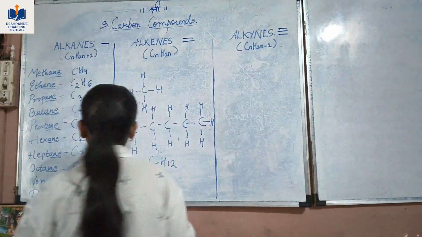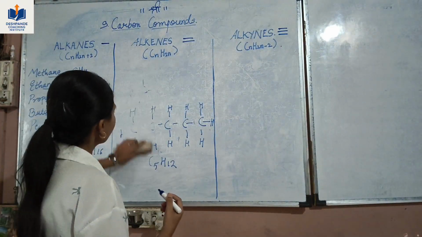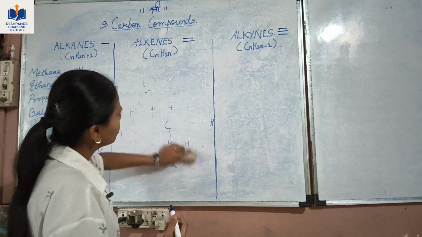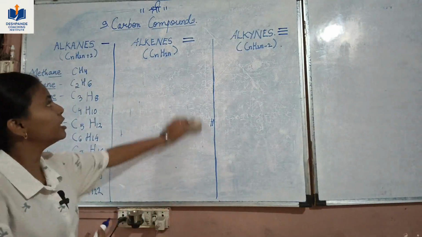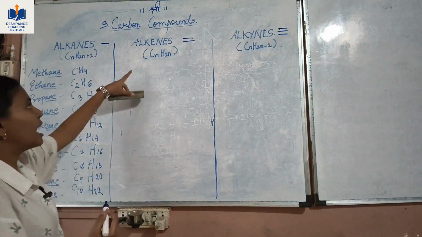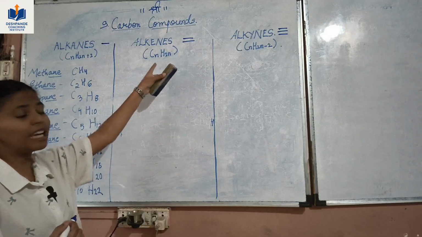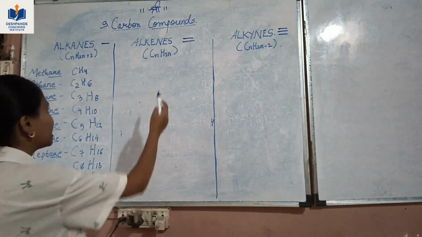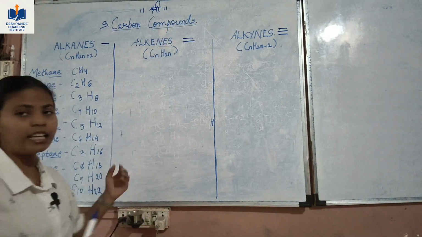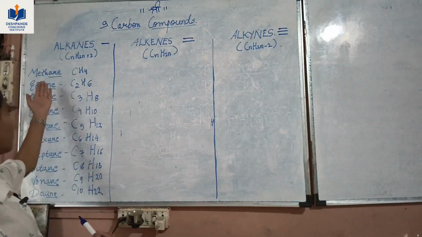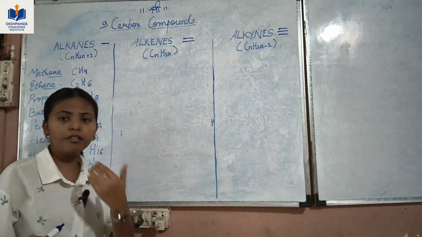Now let's come to the alkene family. The alkene family has double bonds and the formula is CnH2n. So it is alkene, so the ending will be ENE instead of ANE. So what will be the first compound?